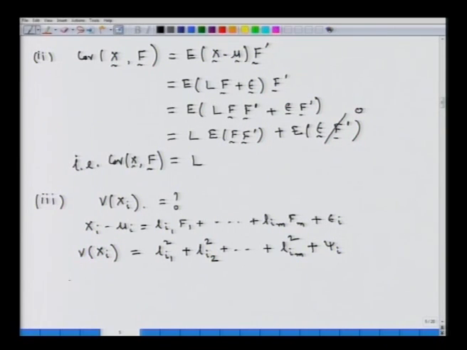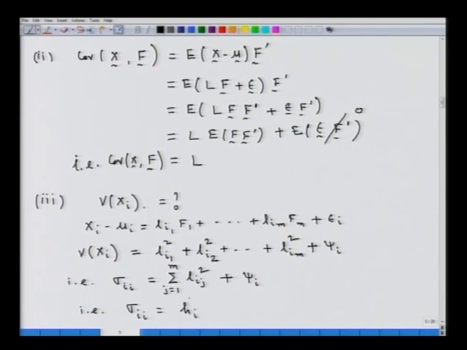So sigma ii, which is the ith diagonal element of the variance covariance matrix sigma, is equal to the summation over j equal to 1 up to m of Lij square, plus psi i. It is written in the following way because there is a special name attached to the first quantity on the right hand side.